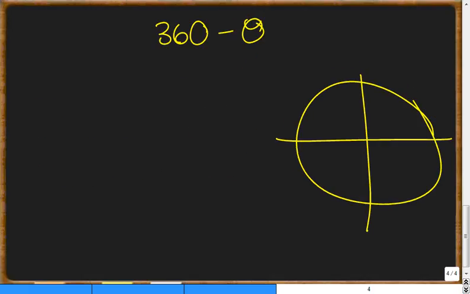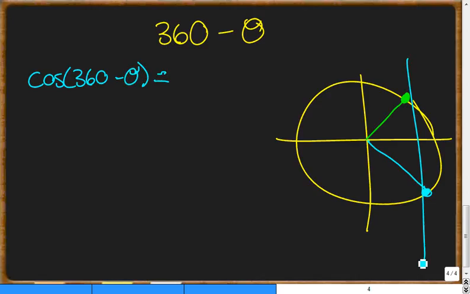And lastly, we're going to do 360 minus theta. So again, we take our theta here, 360 minus that. 360 is the same thing as 0, so we're just going to take that and go backwards. What do we see here with our points? This is not the best drawn graph, but what we can see is that the cosine of 360 minus theta should be the same, because they basically have the same x coordinate.